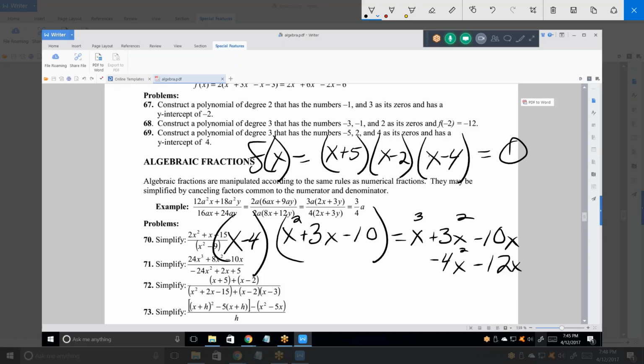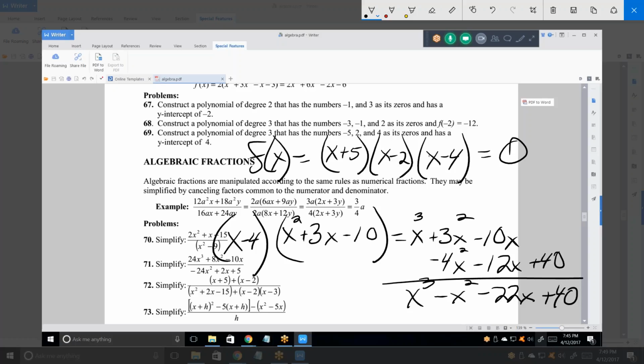So it would be x cubed minus x squared minus 22x plus 40. Did you notice how I did that where I lined everything up? Instead of just writing it as one big long row and then trying to figure out how many x cubes you have or x squared. If you line it up like this, then it's just real easy to add everything.